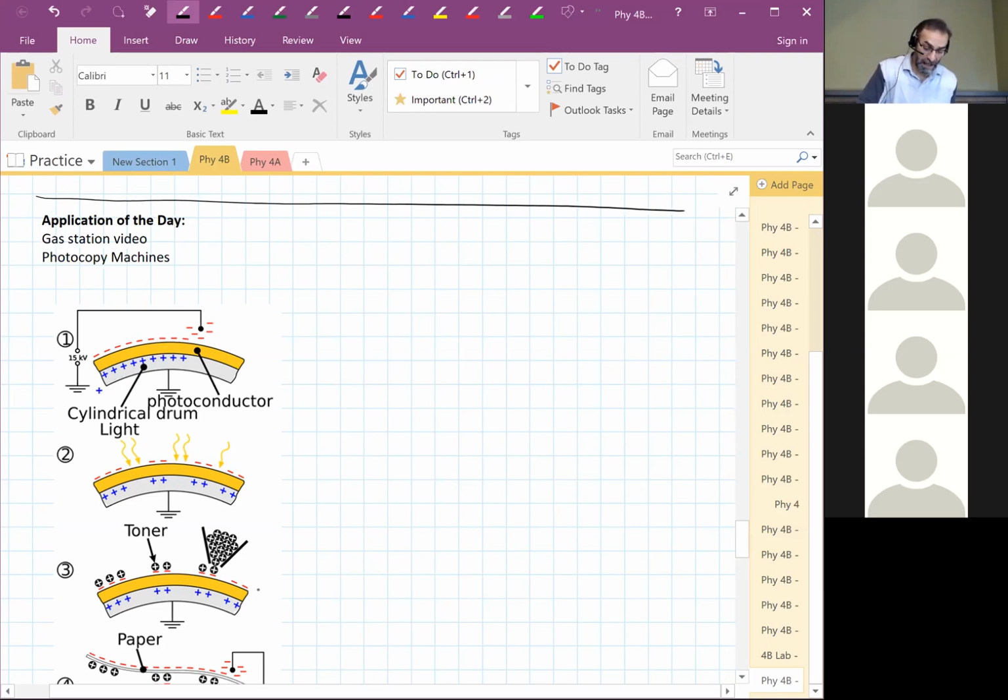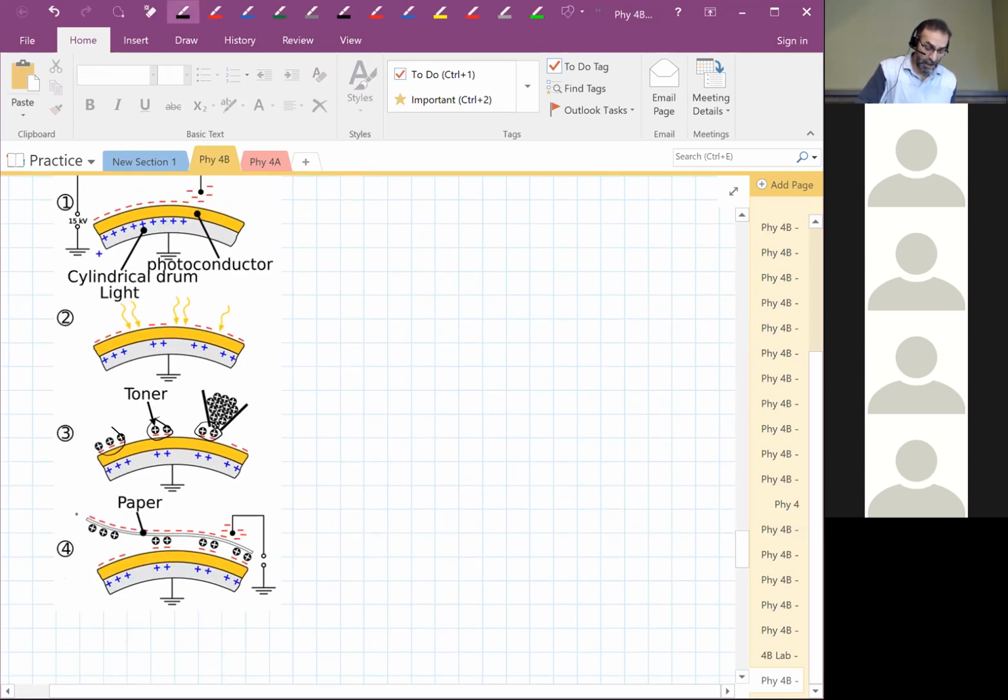You sprinkle that on top, and they are attracted to the negative charges on the drum. And then you run your paper through. Your paper is given a slight negative charge. It picks up the toner, and then it goes through a heater or something that sets the toner and causes it to become permanent on the paper.